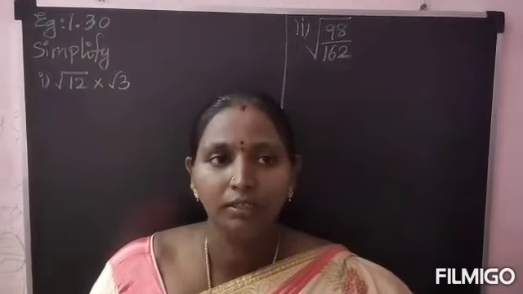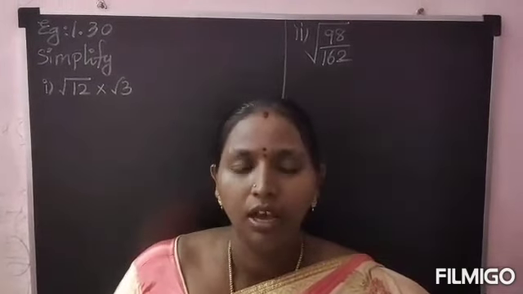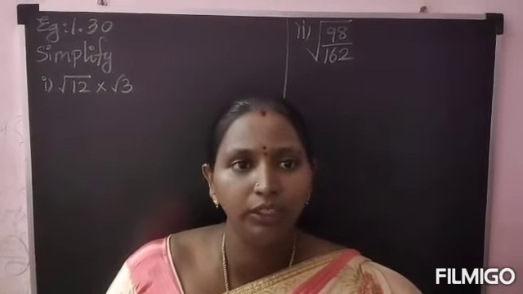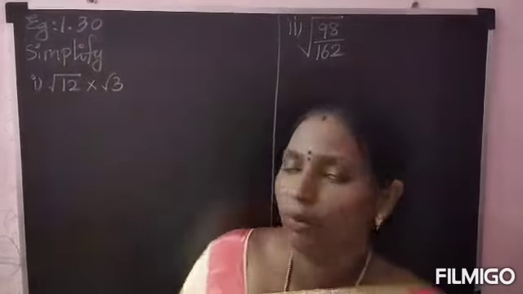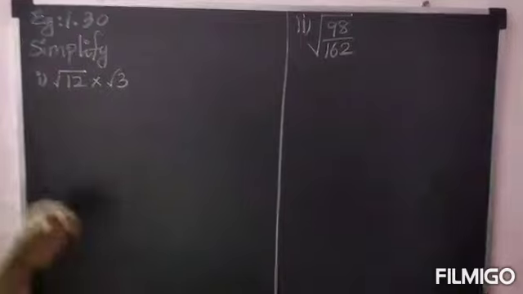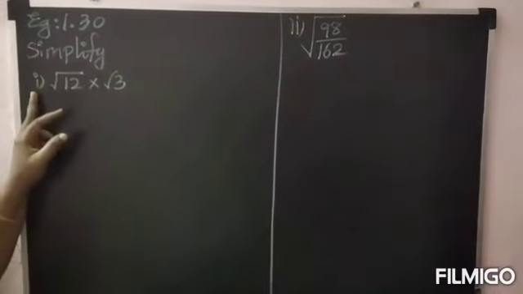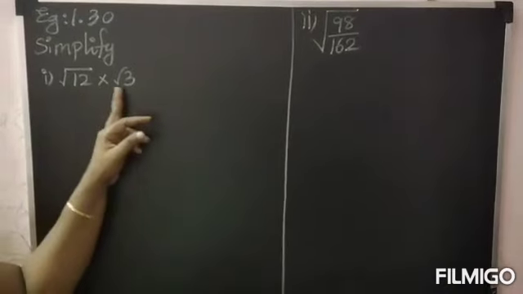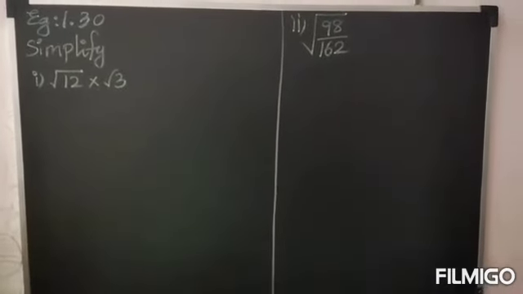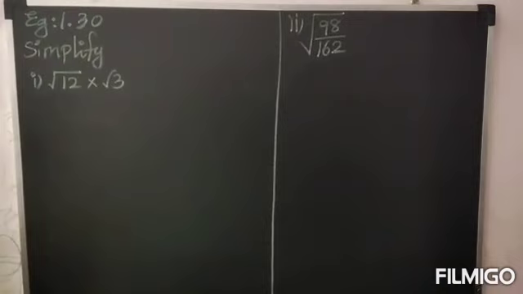In the previous video, we saw chapter Squares and Square Roots up to example 1.29. Now we are going to see example 1.30. Simplify the first one: square root of 12 into square root of 3. I already taught one rule.